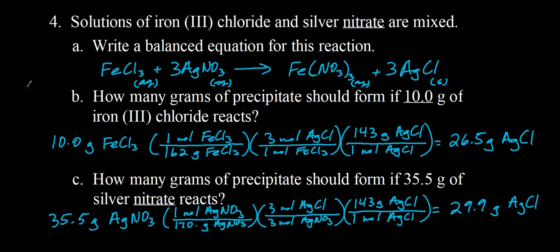In this case, if you have 10 grams of iron 3 chloride and 35.5 grams of silver nitrate, how much silver chloride will form? Well, the answer is 26.5 grams of silver chloride will form. So in this case, which reactant determined how much product forms in the reaction? And the answer is the iron 3 chloride.